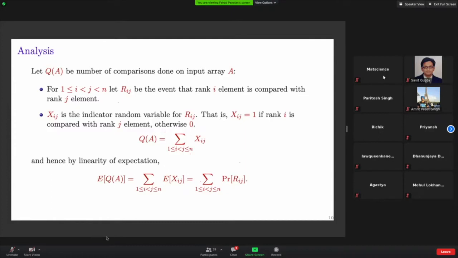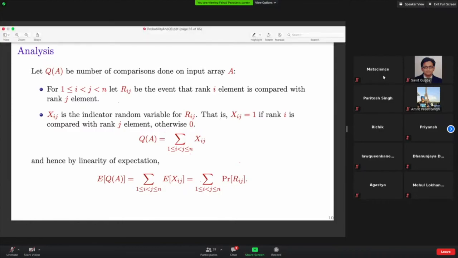Now, what is the expectation of Xij? It equals 1 times the probability of Rij plus 0 times the probability of Rij not happening, that is 1 minus the probability of Rij. That equals the probability of Rij. So the expected number of comparisons is the summation, over i and j, of the probability of Rij. Is that clear? To get the expected number of comparisons, I just need to compute the summation of the probability of Rij.